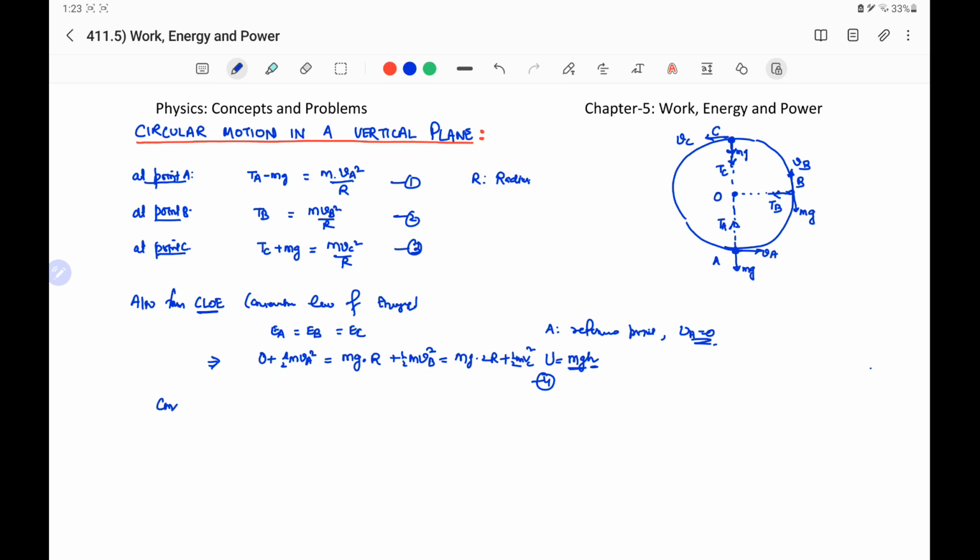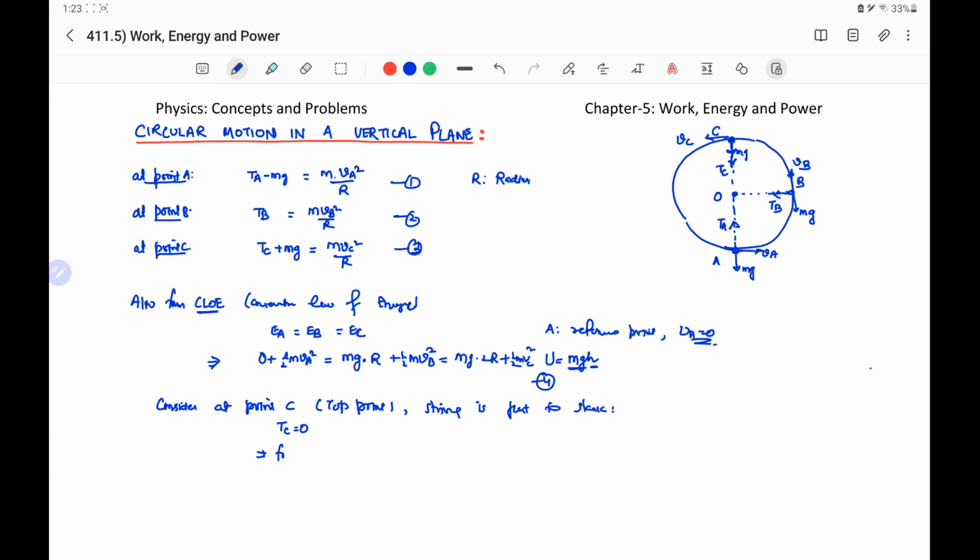Now consider that at point C, which is the top point, the string is just about to slack. That means because of the velocity, the body will pass through this point and will continue the circular motion. Therefore, at this point, when the string is just about to slack, the tension at point C will be 0.